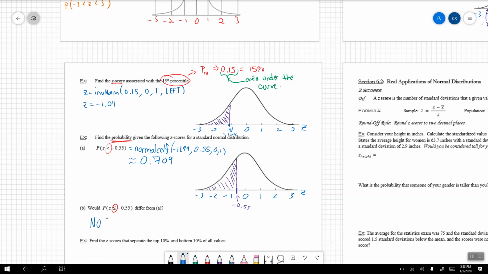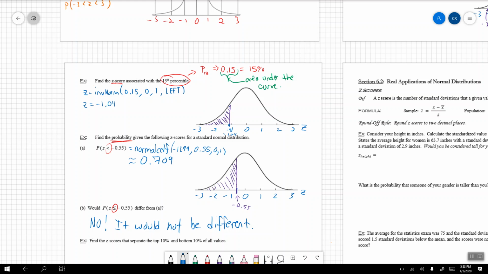So would it be different if we included an equal sign? The big answer, no. It would not be different. The thing about inequalities here, whether we have an equal sign or a strict inequality, the continuous probability aspect would still guarantee that the probability is going to be exactly the same.